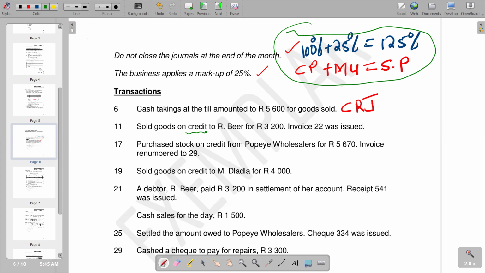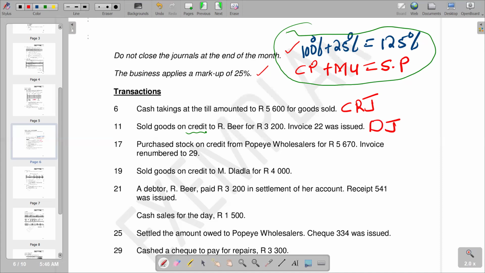So obviously, we are going to record it at the time that we receive it. As soon as RB pays the amount owing, that is 3,200 rand, we then record it in the cash receipts journal. So we are just going to leave it there. It doesn't apply in the cash receipts journal, but it is supposed to be entered in the debtors journal. So here we represent it as the debtors journal.